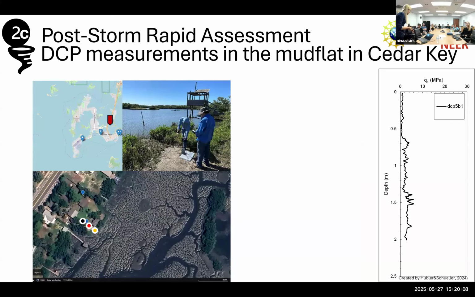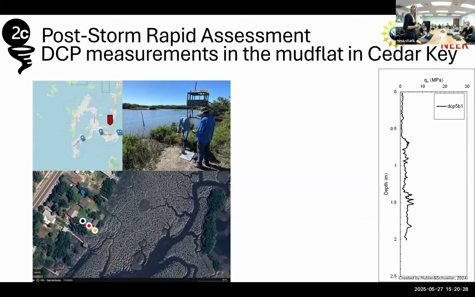So here's one example that I would like to show. We called it a tidal flat or mud flat. It was close to a tidal flat, but yeah. Those are preliminary results from Cedar Key. You can see here this red arrow. It's not working, the pointer.